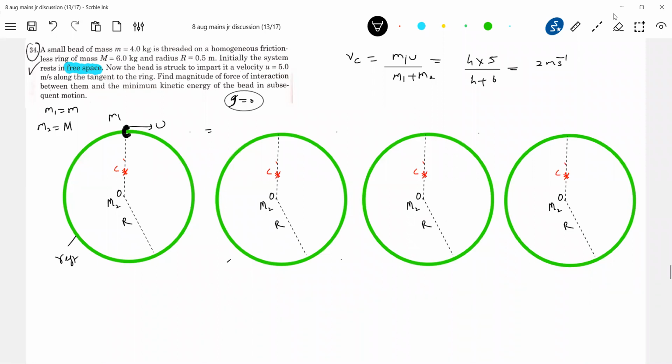The bead starts. This is a bead, try to understand, and this is a ring. When the bead comes in this position, how will the normal contact be there? Which part of the bead will be in contact like this?